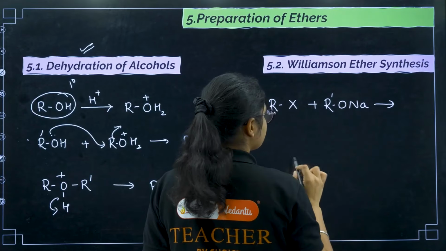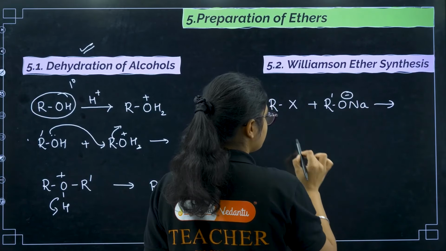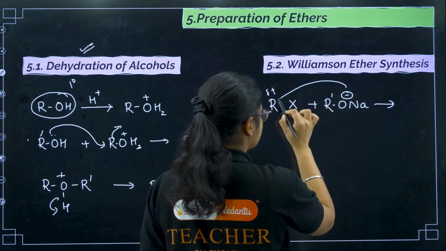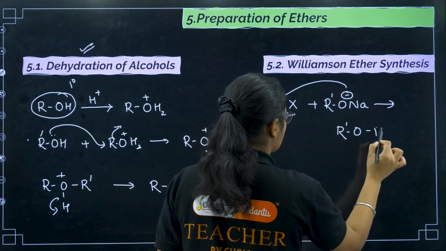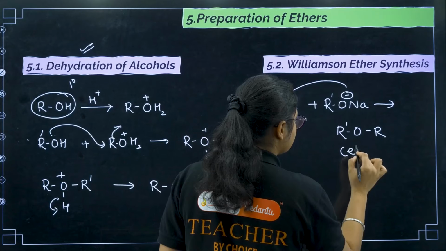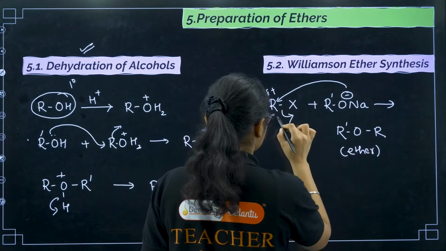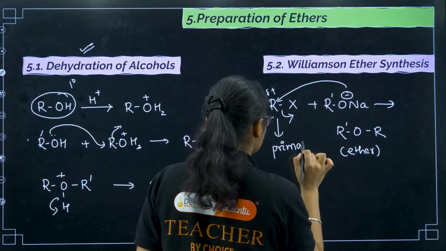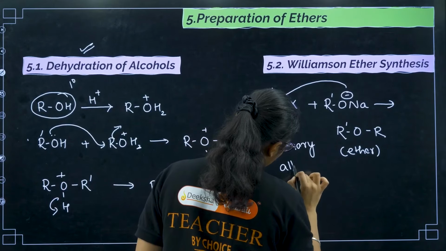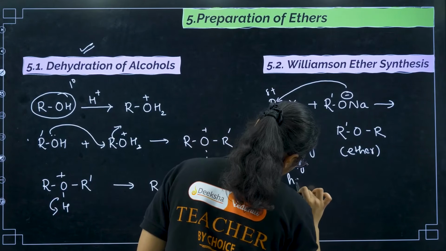Okay, so how will this behave? This is a nucleophile, this is an electrophile, this one will attack on this one, this bond will shift, I will get R dash OR. Okay, now this is your ether, and here what we have to remember is this RX is a primary alkyl halide, primary alkyl halide.